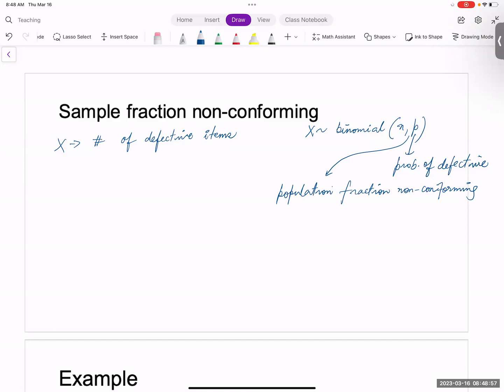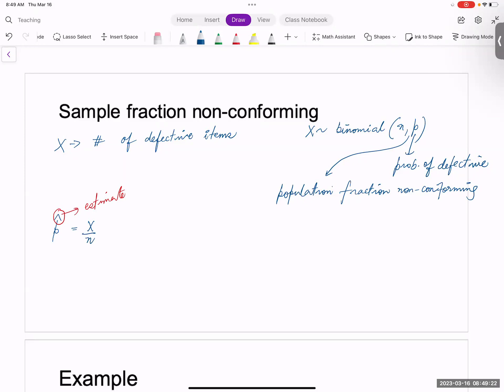Now, if this p is not given to you, many times we actually estimate p. And when we estimate p, we denote it as p hat, right? So this hat notation is basically saying estimate, right? You estimate p from data, and then p hat is equal to X over n, right?